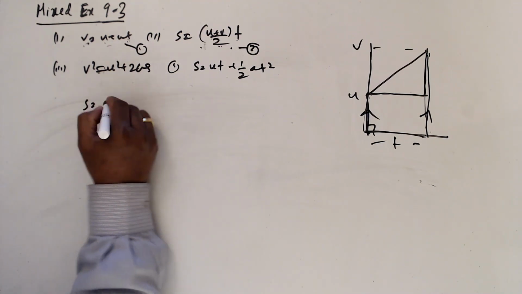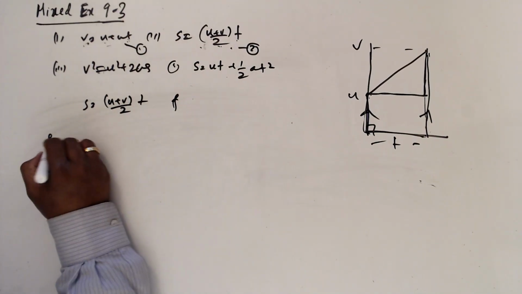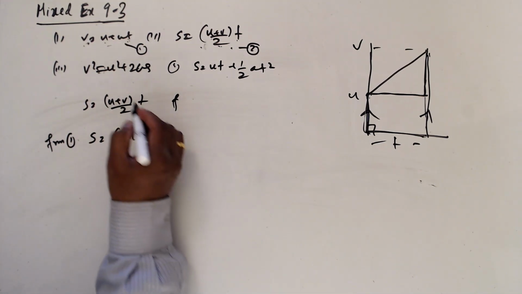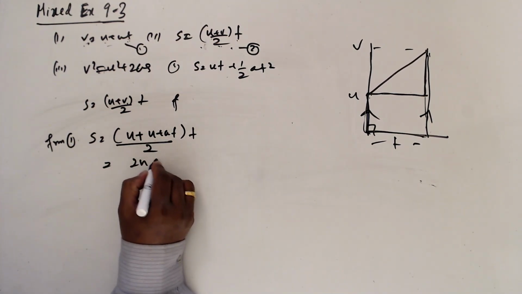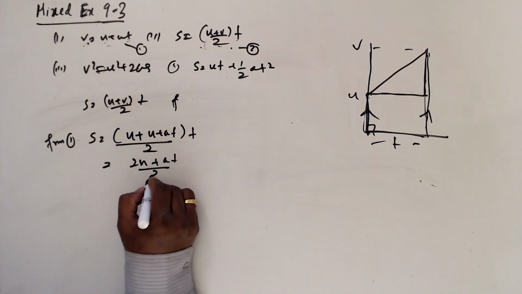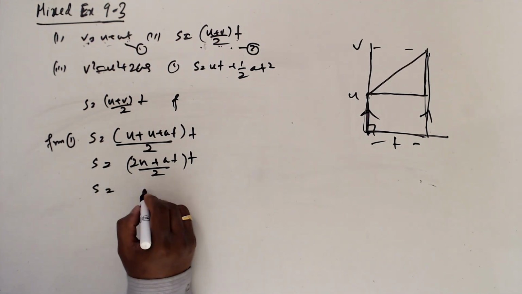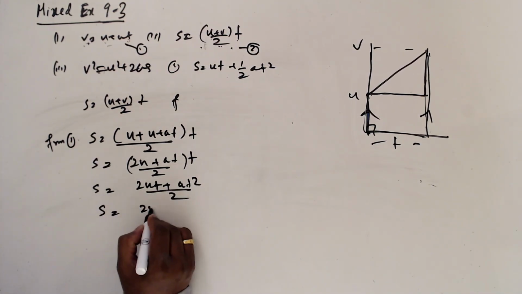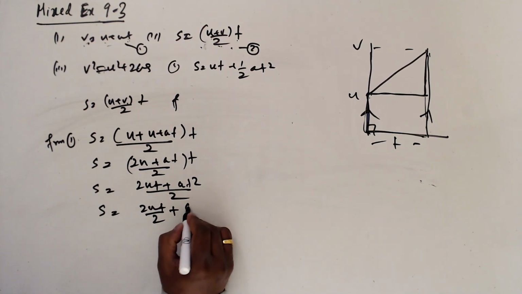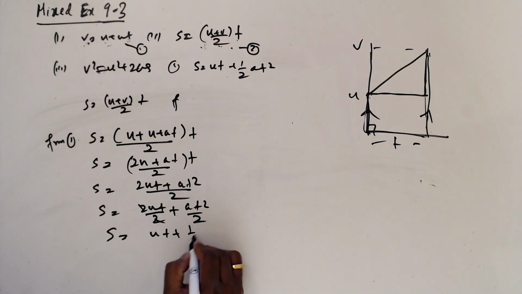So S equals U plus V over 2 times T. From 1, V equals U plus AT, so S equals 2U plus AT over 2 times T. S equals 2UT plus AT squared divided by 2, which is 2UT over 2 plus AT squared over 2. The 2s cancel out. S equals UT plus half AT squared.